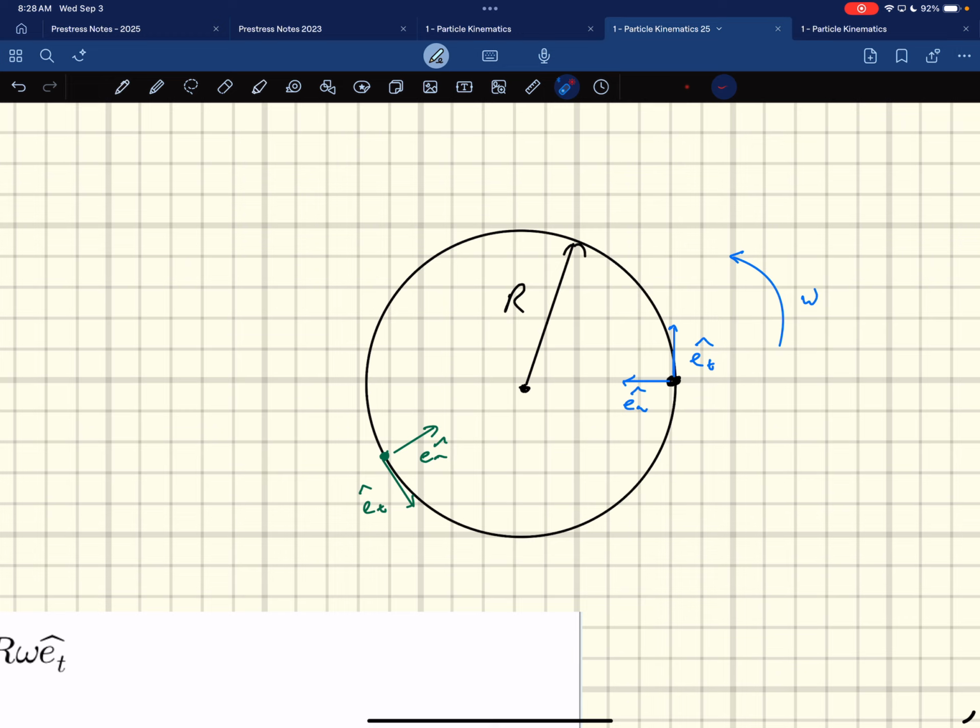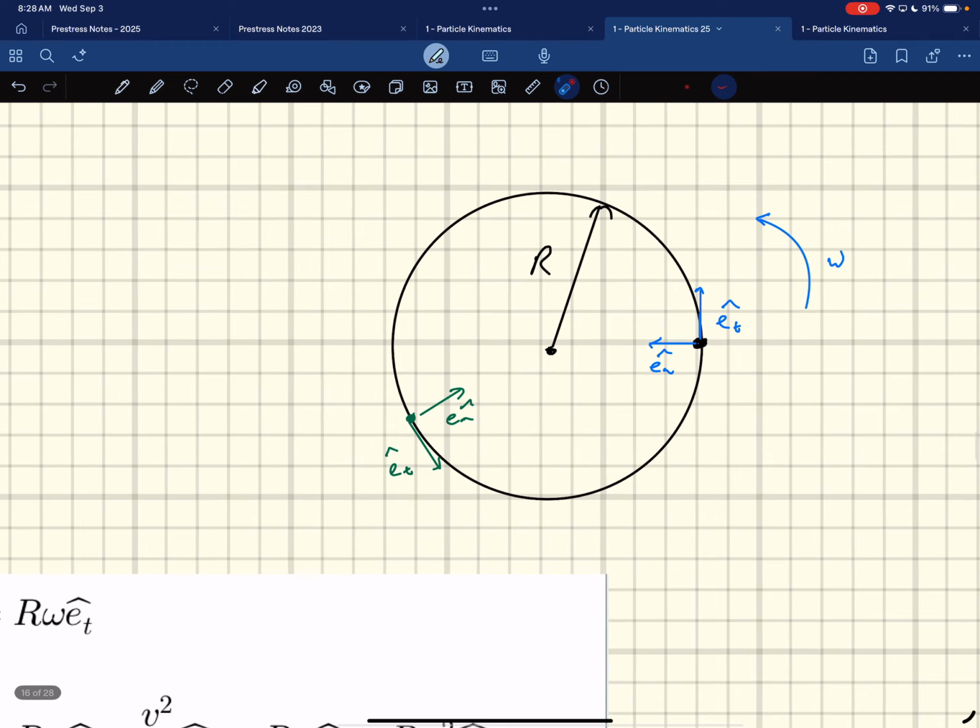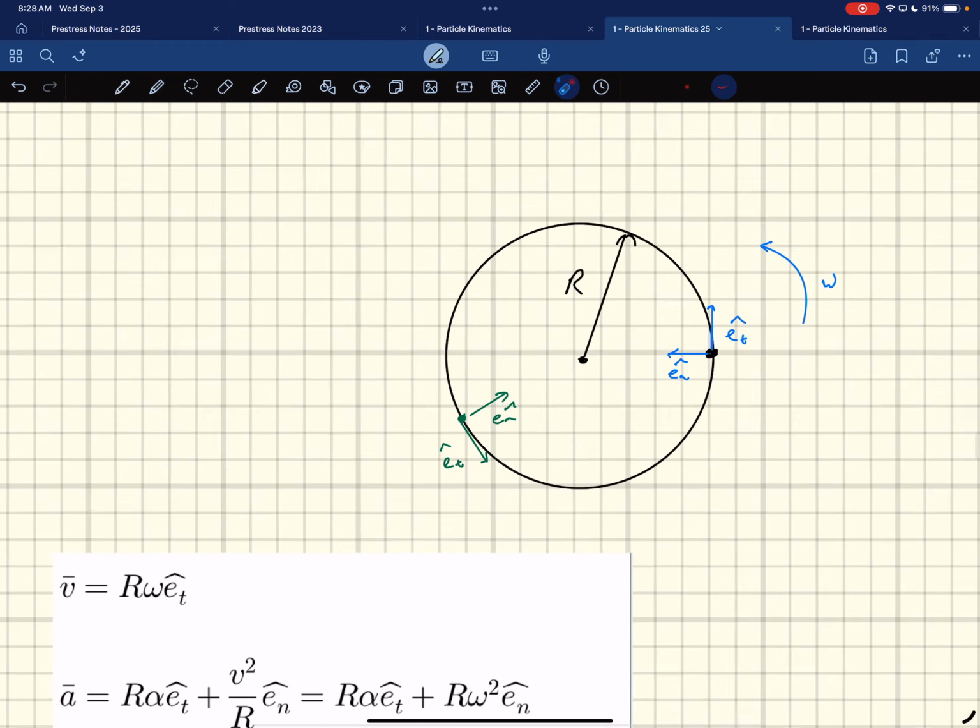If I'm trying to relate the two, things get a little weird. We'll do an example with that later. Basically when that happens, the only way to do it is to go back to a common coordinate system. You have to go back into Cartesian coordinates and start comparing things via Cartesian coordinates.